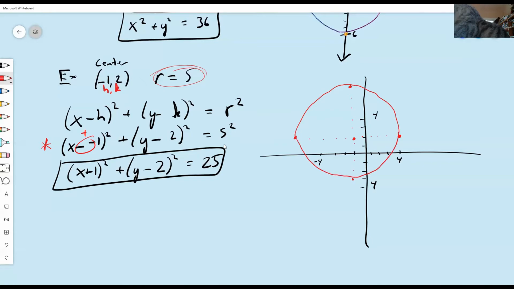What I would do is go through and make sure the center is in the right spot based on the person's scale. Then if I count from the center, right 5, is that point in the right spot, up 5, down 5, and left 5. If they were all in the right spot, even though the picture didn't look like a circle, it was kind of like a lemon drop maybe, I would go ahead and give full credit for that.